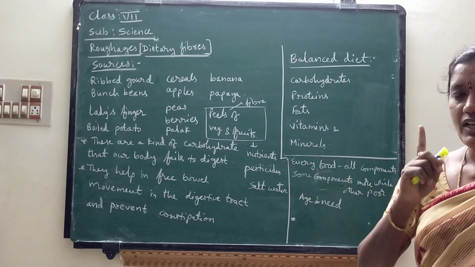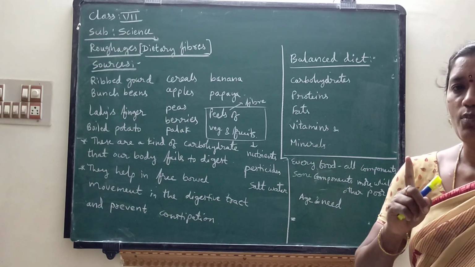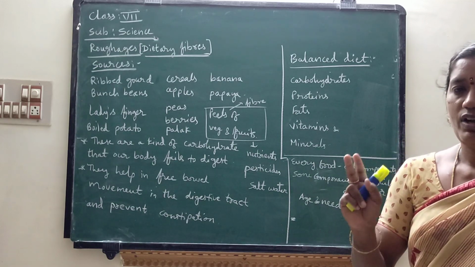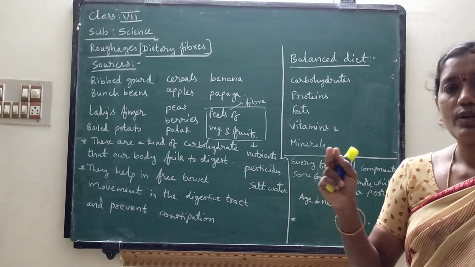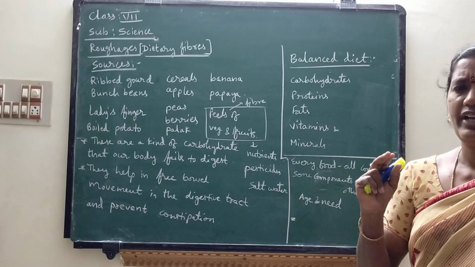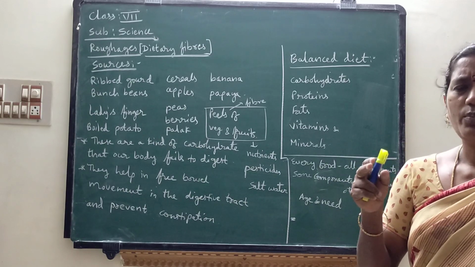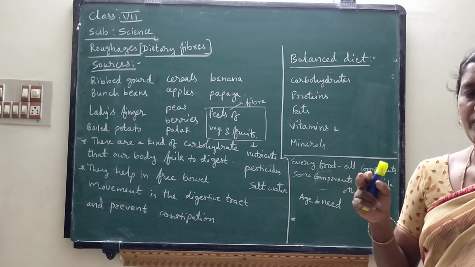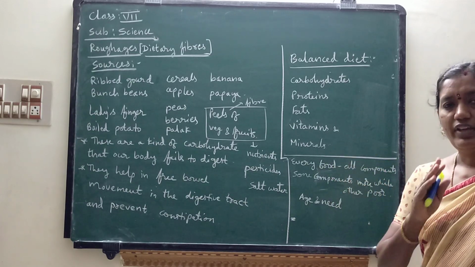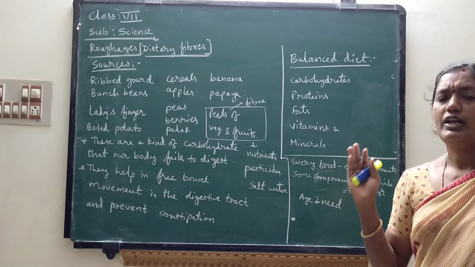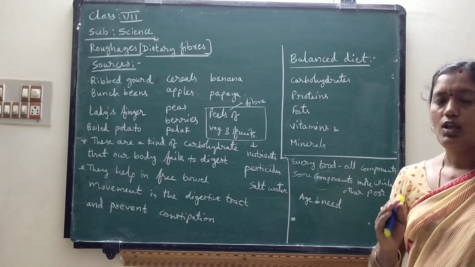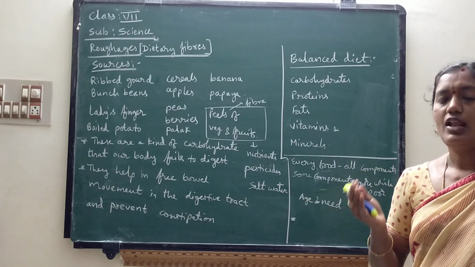Every food item contains one component in more quantity, while the others are in less proportion. One or two may be absent, but all components are present in most food items. Some components are more and some are less.